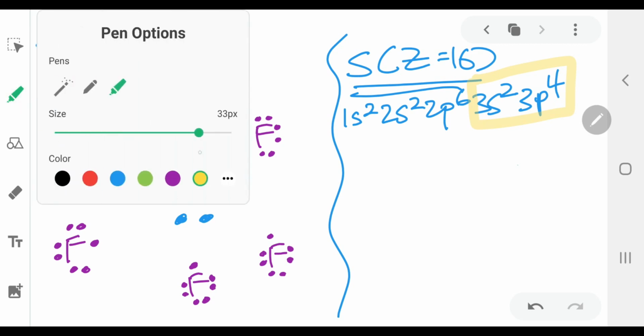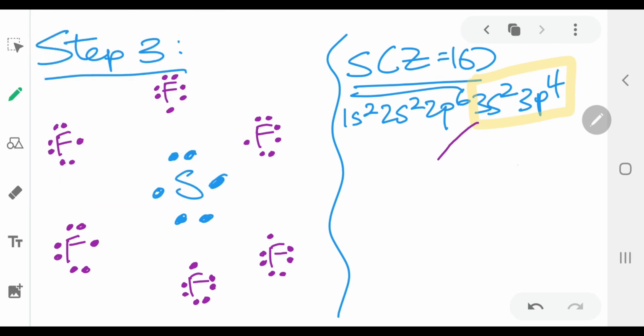What does it mean by d orbital characteristic? If I'm just going to take this one, you draw 3s, and look at the orbital diagram. You have 3p, so you have 2 electrons over here, and then you have 4 electrons right over there.